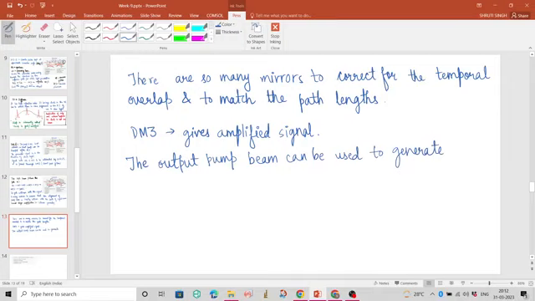Here it can be used to generate second or third harmonics.